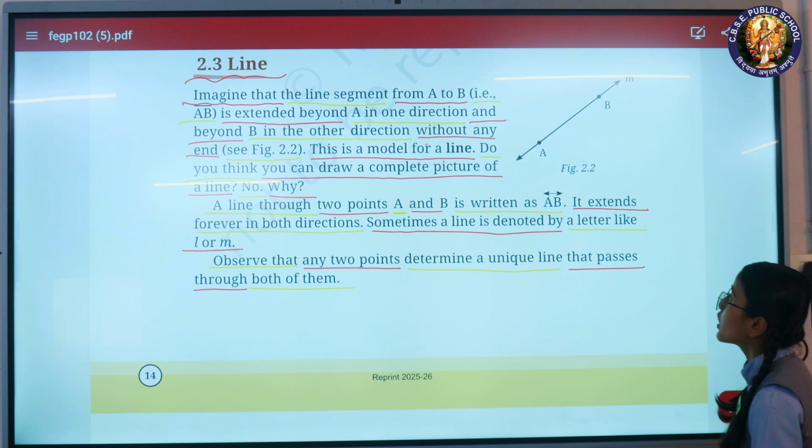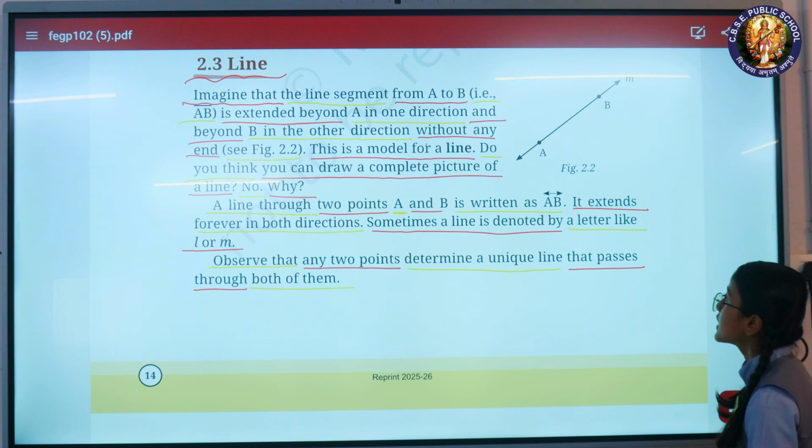This is a model for a line. Do you think you can draw a complete picture of a line? No. Why? A line through 2 points A and B is written as line AB. It extends forever in both directions.